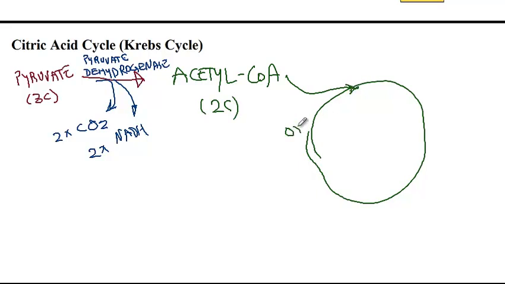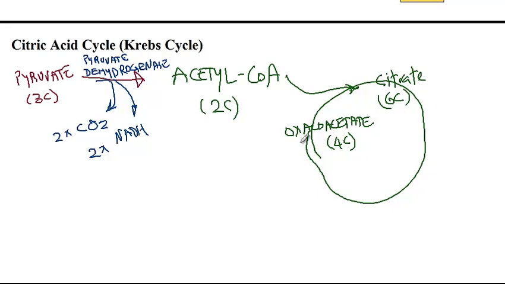And so here we have the oxaloacetate, which is a 4-carbon molecule. Once it's added to a 2-carbon molecule, it forms citrate, which is now a 6-carbon molecule.